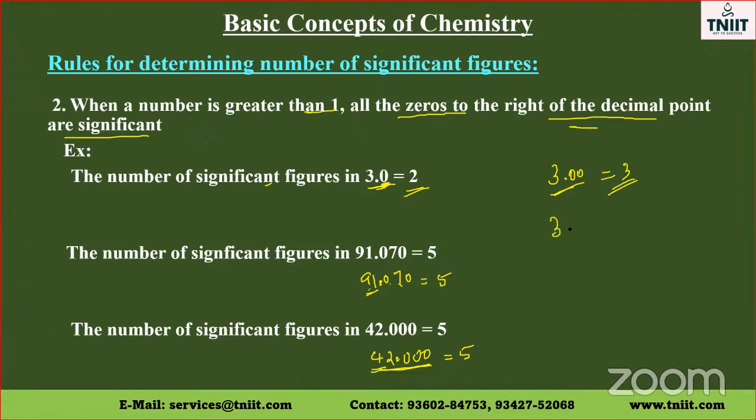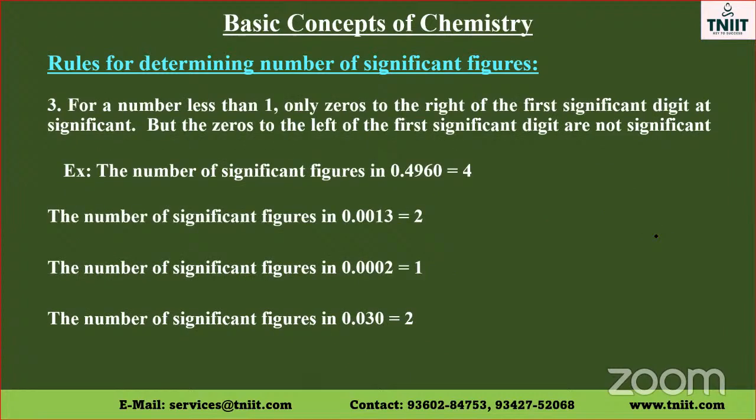If I write 3.000, the number of significant figures will be 4 here. Three zeros are there after the decimal, and these also are significant. So if the number is greater than 1, and if zeros are placed on the right side of the decimal point, all those are significant.